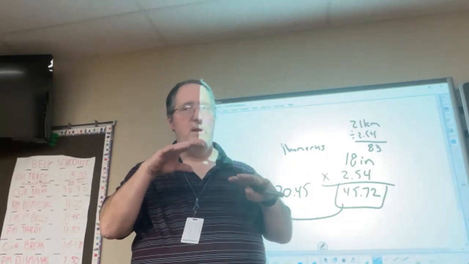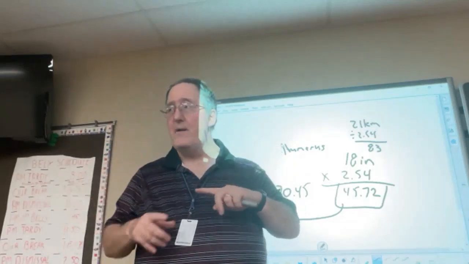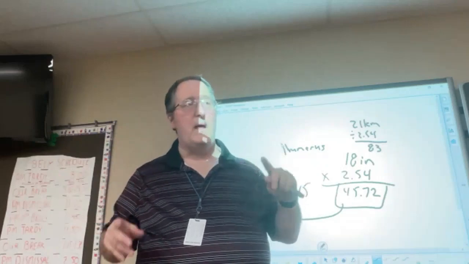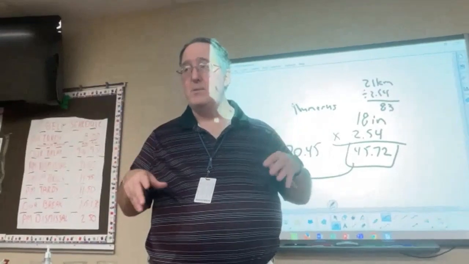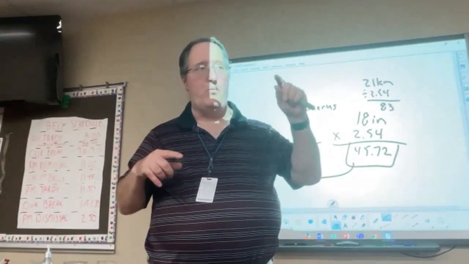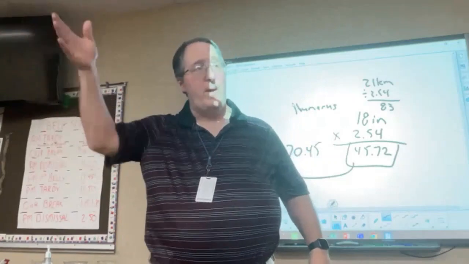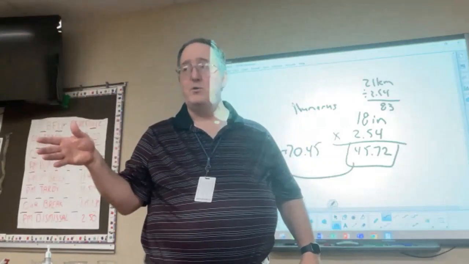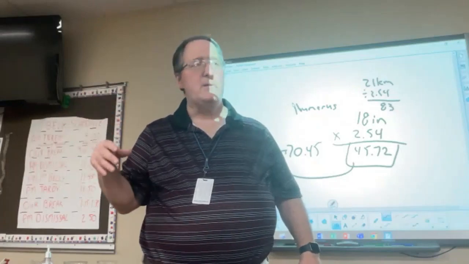So things can be off by quite a bit. And I stood and watched her measure everything. We did it all together as a class. And yeah, the math came out and it was a legitimate number. So the point of it is if what you calculate is way off from what you actually measure, do not flip out. As long as you do the math right and we measure everything right, there's no wrong answer.